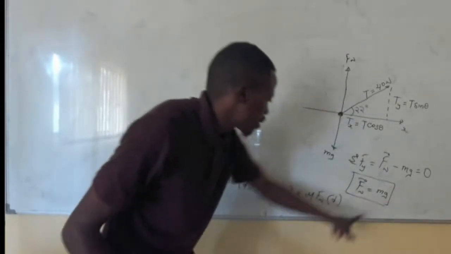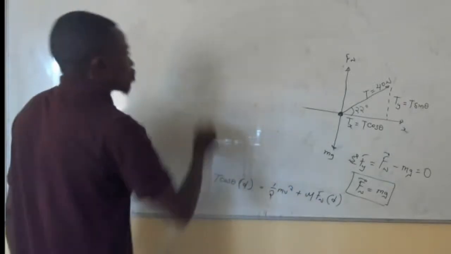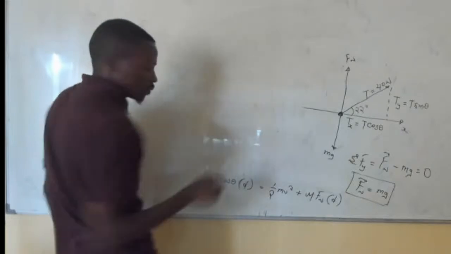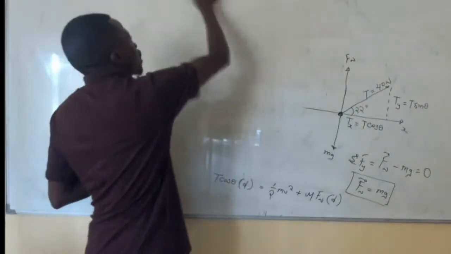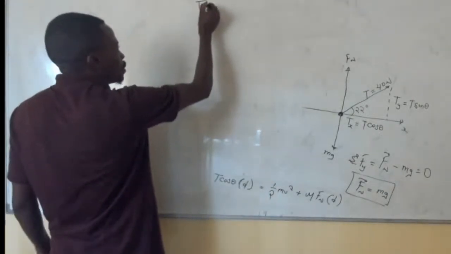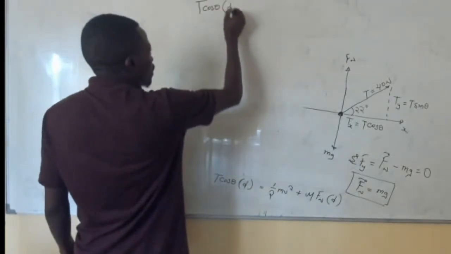So if we replace this into our energy conservation equation here, we'll end up with T cos theta multiplied by the distance.